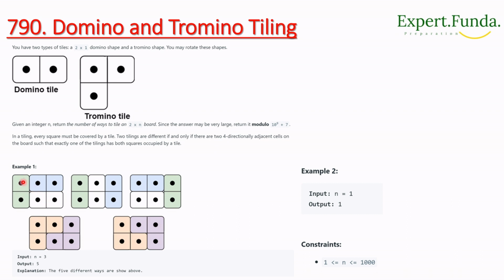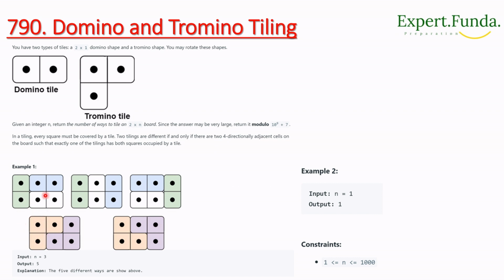As you can see, this board is tiled with this one, this one, and similarly with this other one. So this square is occupied, this square is occupied, and the white one is occupied too, completely bound with at least two sides.